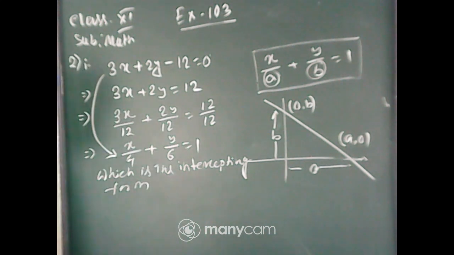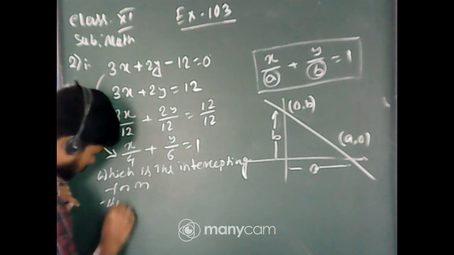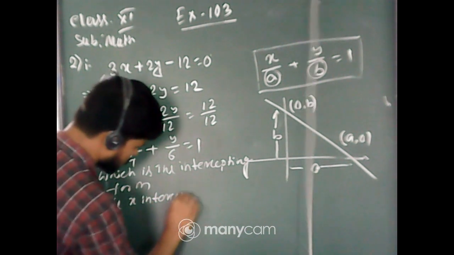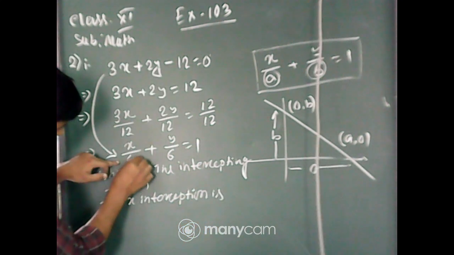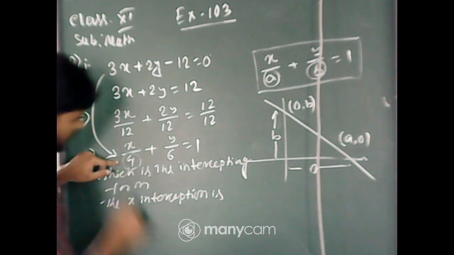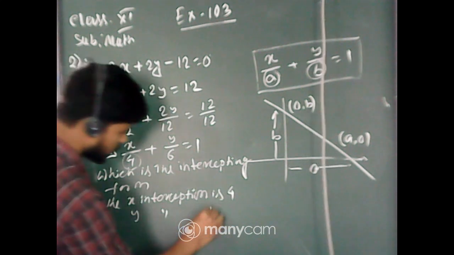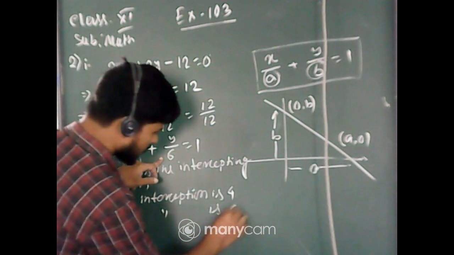So the x intercept is, look, this term, 4, and the y intercept is, what is the y intercept? This is 6.